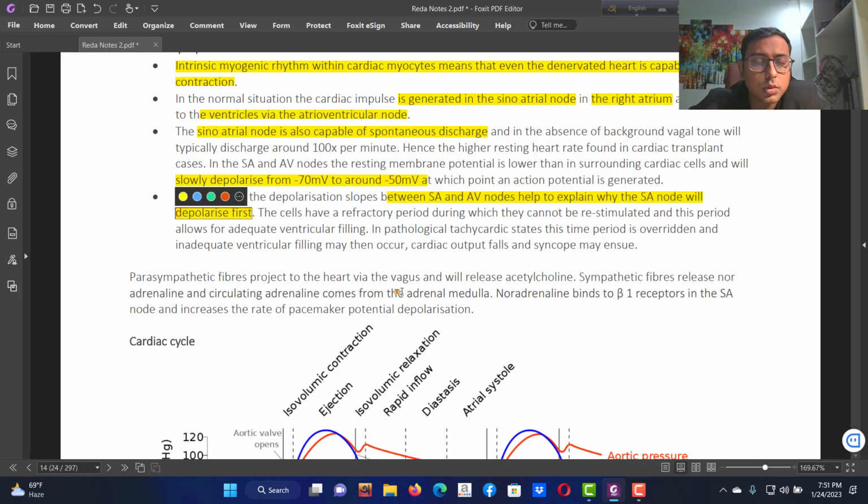That's why the SA node will produce the first impulse from the right atrial wall.